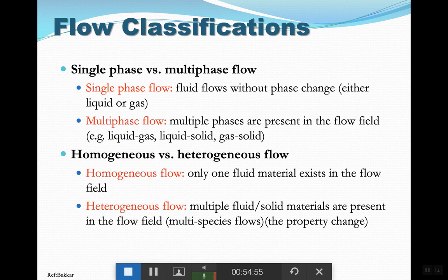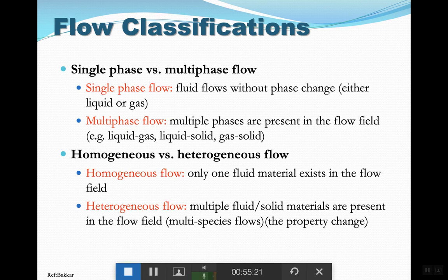But nonetheless, you have to know whether it's single phase or multi-phase. If it is a single phase, meaning you're dealing with one phase, either liquid or gas, without any phase change, you do not need any auxiliary equation for that part.